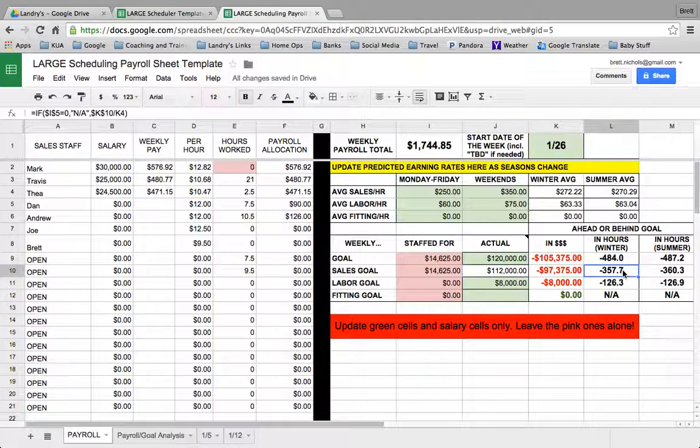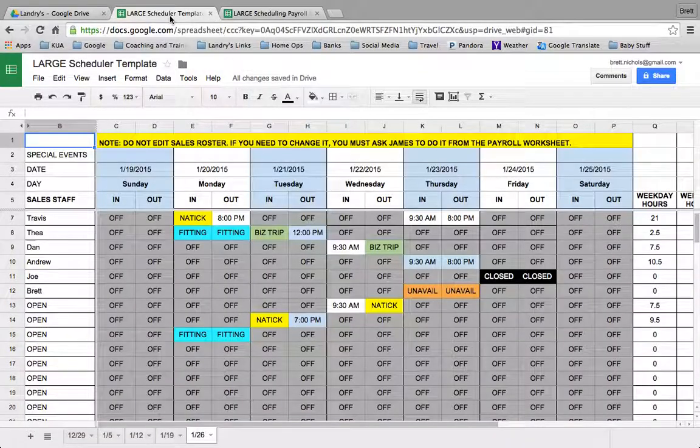I need to staff another 357 hours in the winter worth of people. So this number is going to help us to actually add extra people to the schedule for the correct number of hours. And that is the basics of how to use this piece over here effectively with your scheduler.